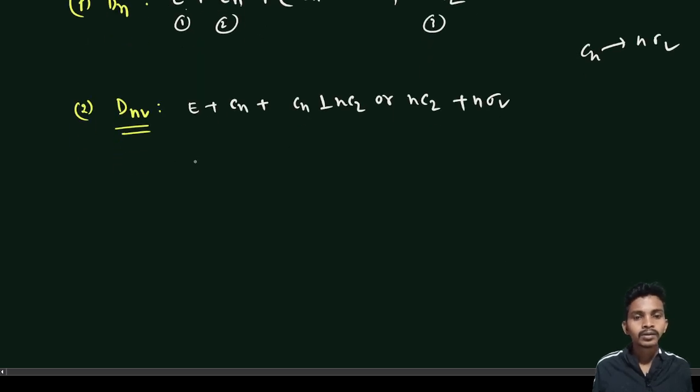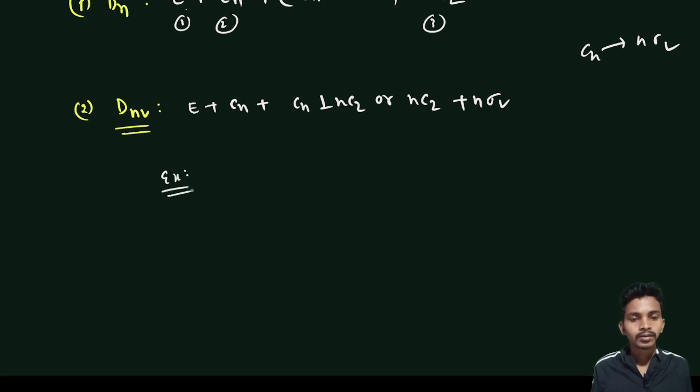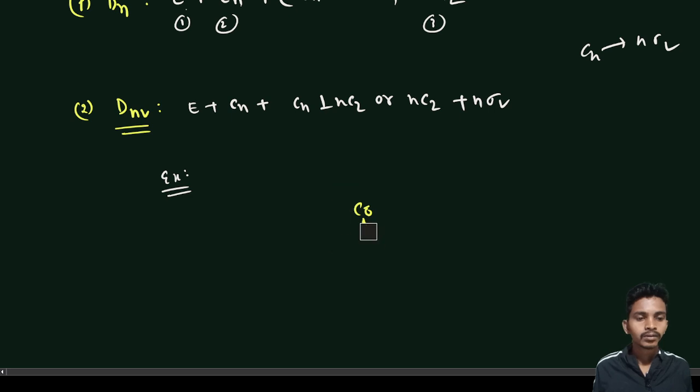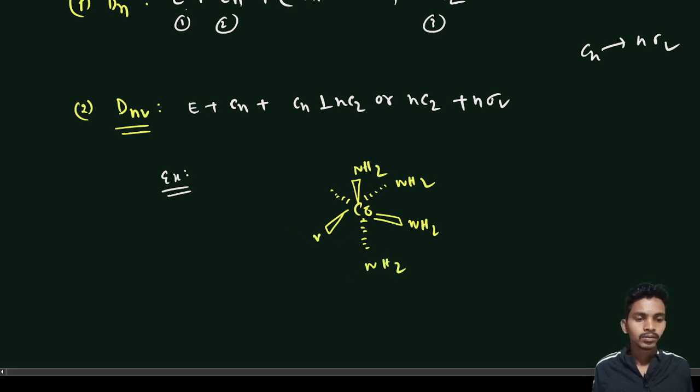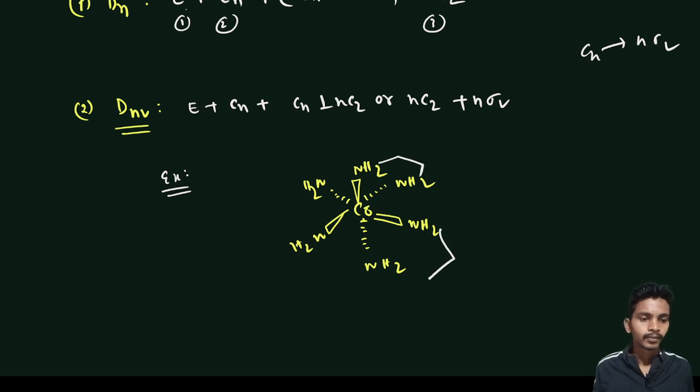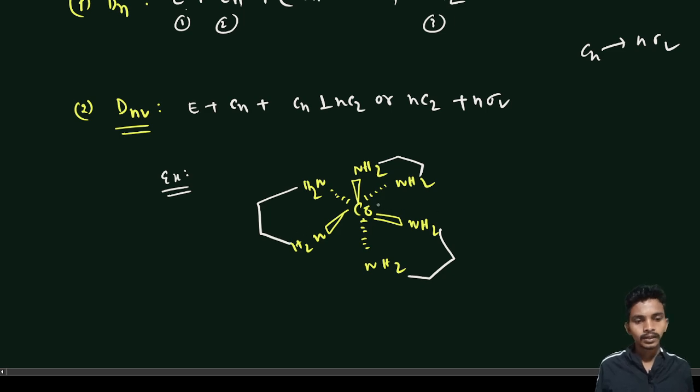So we can take an example, such as a cobalt complex, with NH2 groups at the positions and these planes like this.